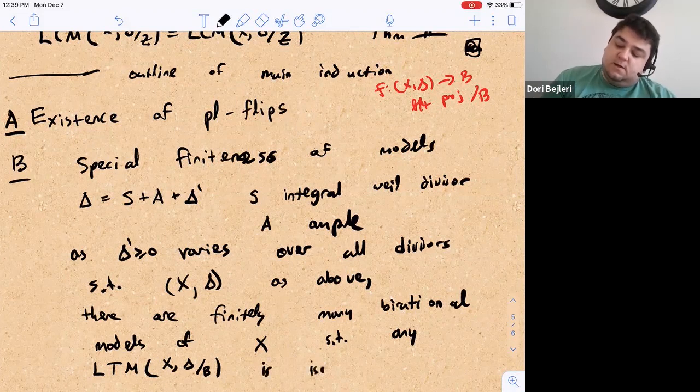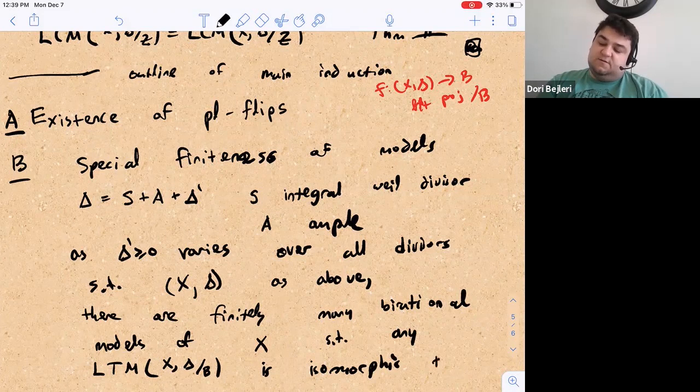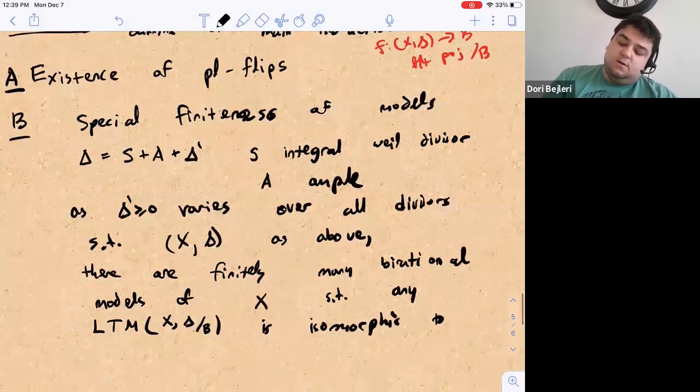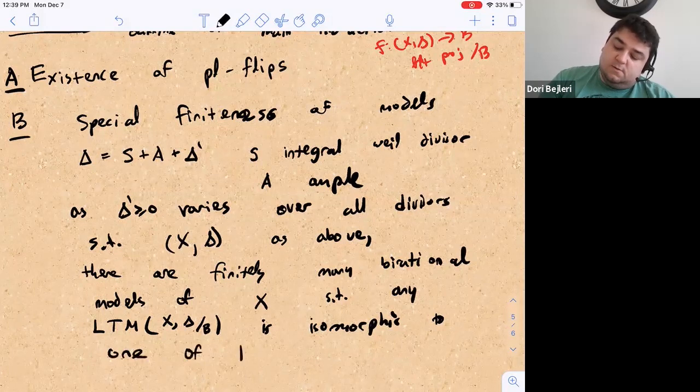I'm just summarizing here; the result is much more precise.